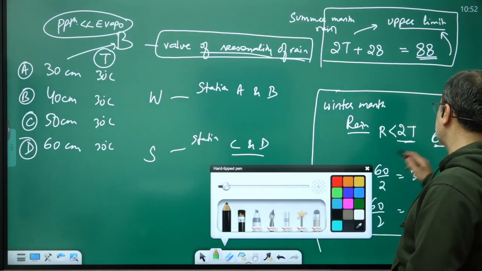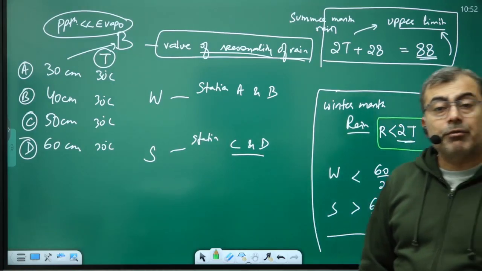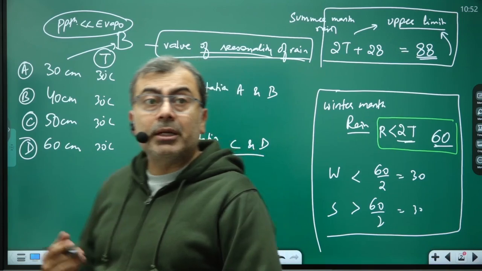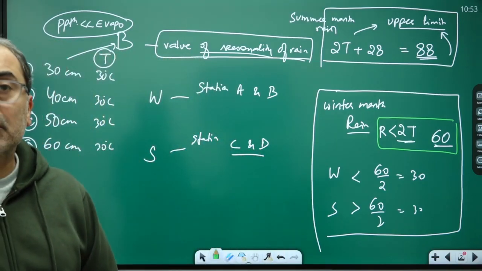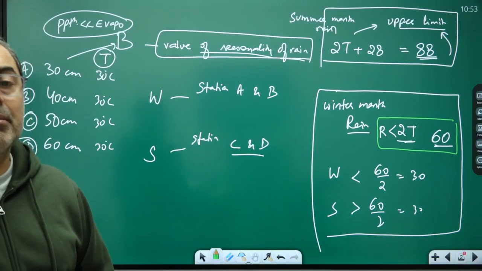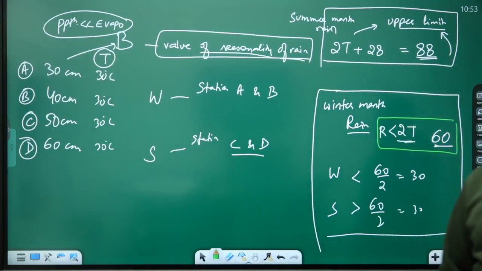If you are a station that receives most of your rainfall during winters, not summers, then your formula for B has changed. So now tell me which one is going to be W?